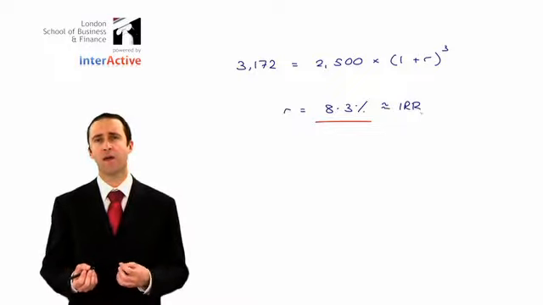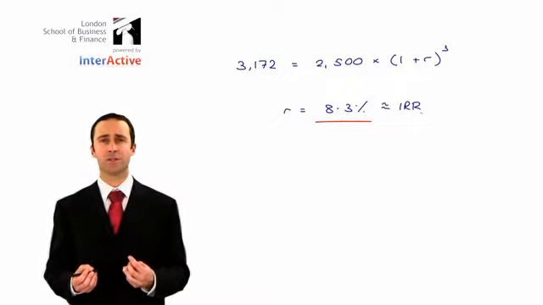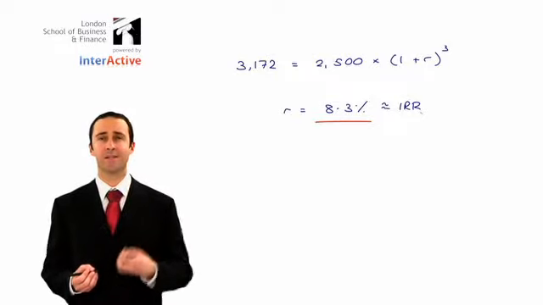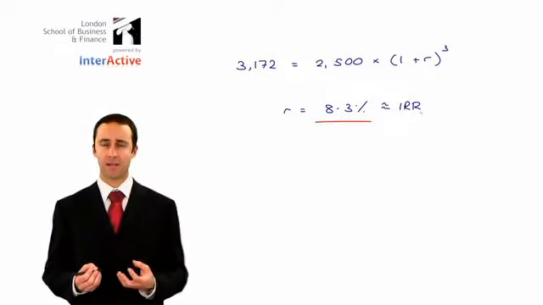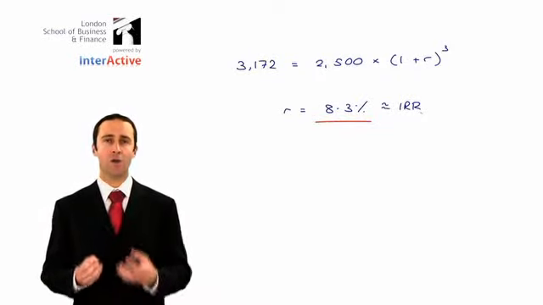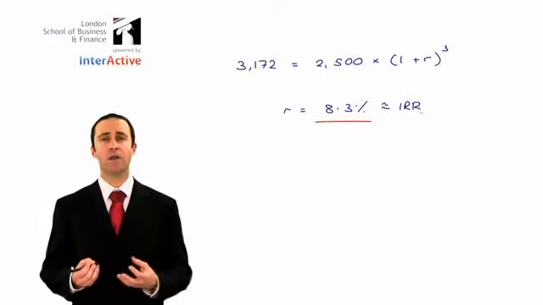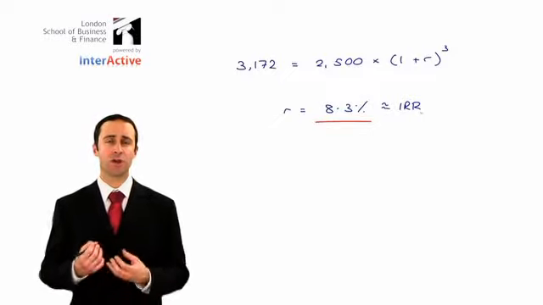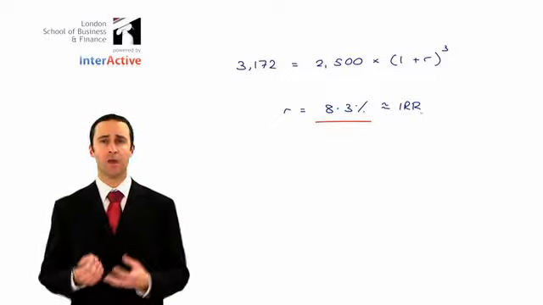So what we've done there is make the assumption that we reinvest the cash flows at your internal rate of return to generate the IRR of the project. But as we said, that's not the case. We're going to invest those cash flows at the company's cost of capital.